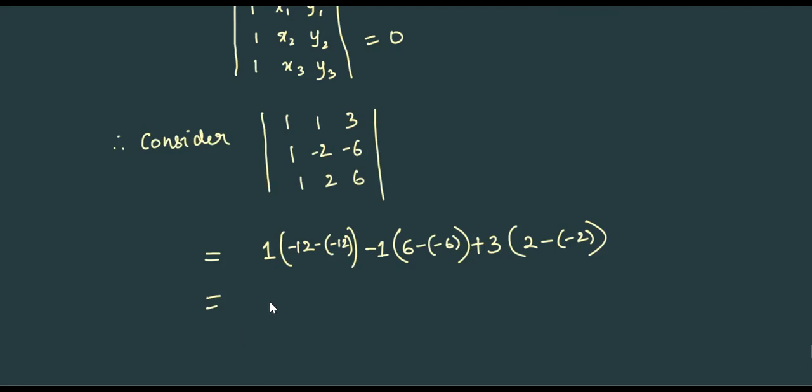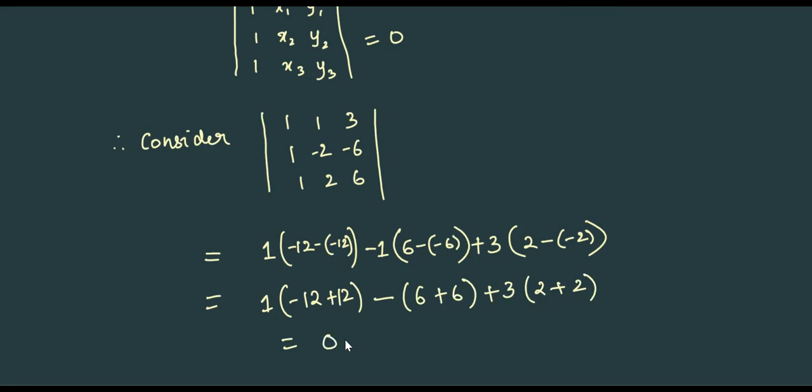Okay, so what we get is 1 times minus 12 plus 12, which is 0, minus of 1 times 6 plus 6, which is 12, plus 3 times 2 plus 2, which is 4. So this is 1 into 0, 0, minus 12 plus 3 into 4, 12, which gives 0.